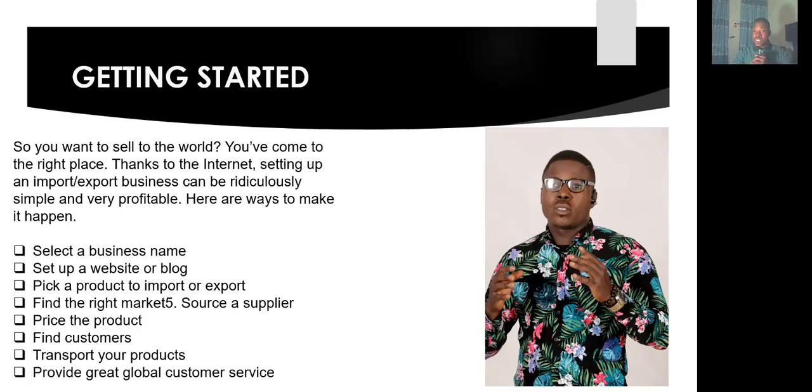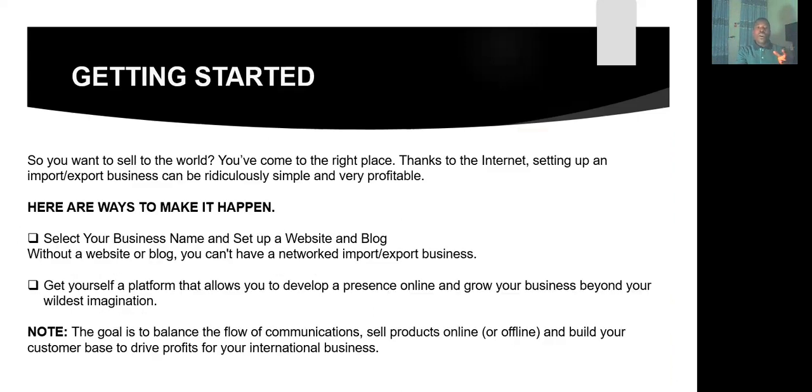Is it the USA, Canada, India, China, or the entire Europe? Once you pick your market, you search for a supplier, manufacturer, producer or dealer of that product. Then you price the product, find your customers, and transfer your products, and this is simply the export business.